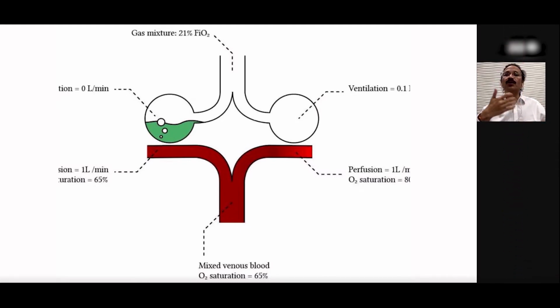It goes through the aorta and reaches the carotids, and the carotid body, the carotid chemoreceptor, senses that there is less oxygen in the blood. It sends signals to the apneustic center and the pneumotaxic center, which send efferent signals to the intercostal muscles and the diaphragm, and the person starts breathing faster, which we call tachypnea, and he becomes aware that he is actually exerting to breathe.